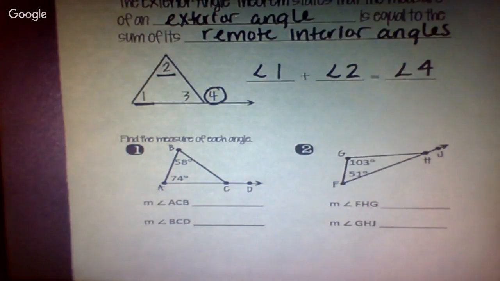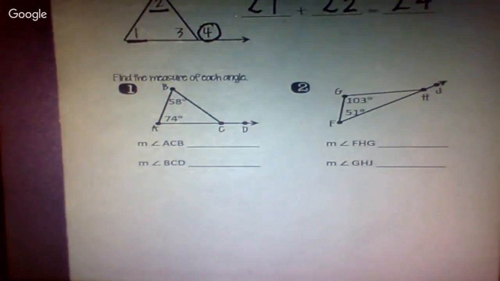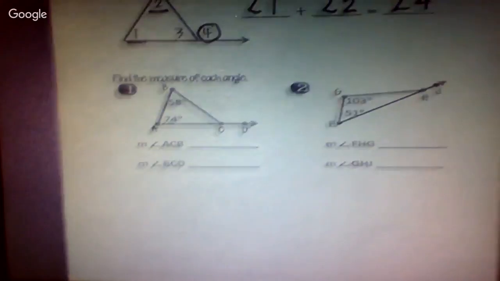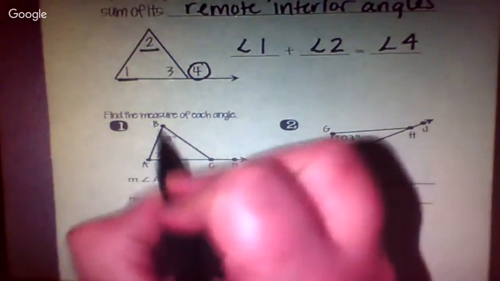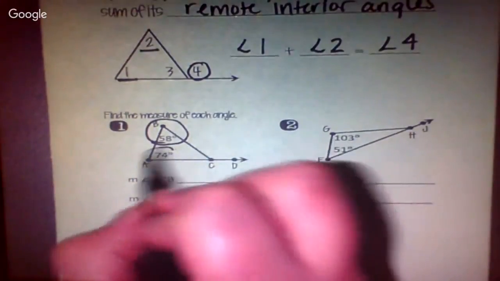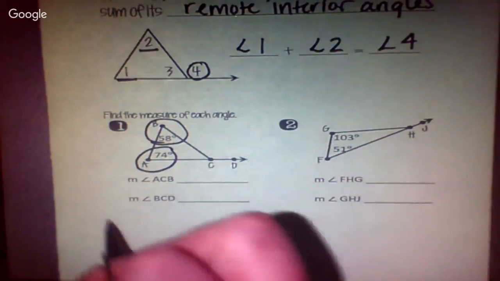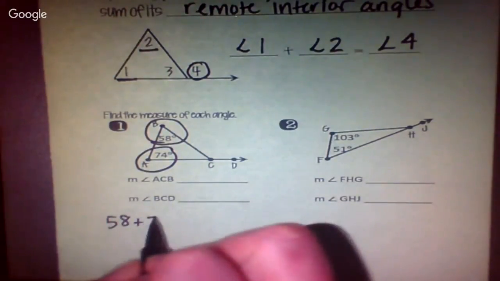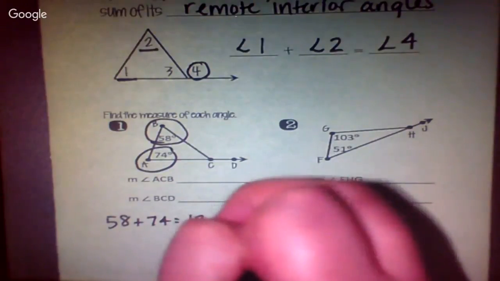So if you go down to number 1, what are your remote interior angles? Your remote interior angles are angle B and angle A. These 2 added together, so 58 plus 74 equals what? 132.